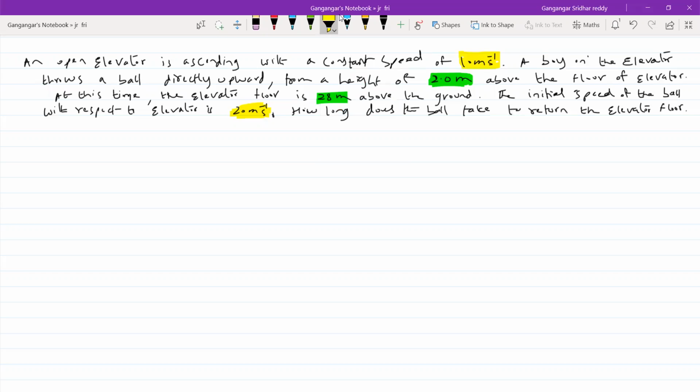With relative motion, you'll get the answer in very simple steps. So I suggest you go with relative motion only. Don't describe the motion of the elevator and the motion of the ball separately, and better draw a diagram so that it will be very easy for you to write equations.